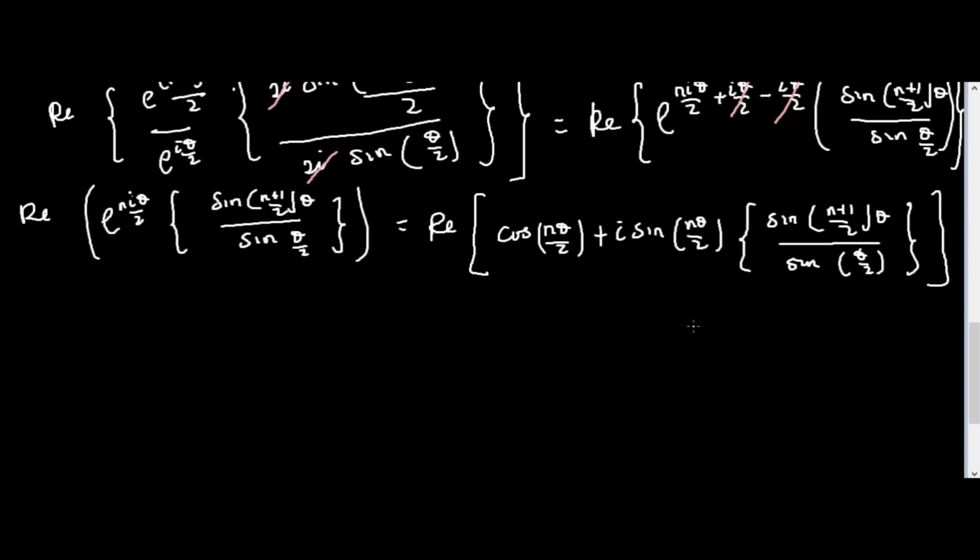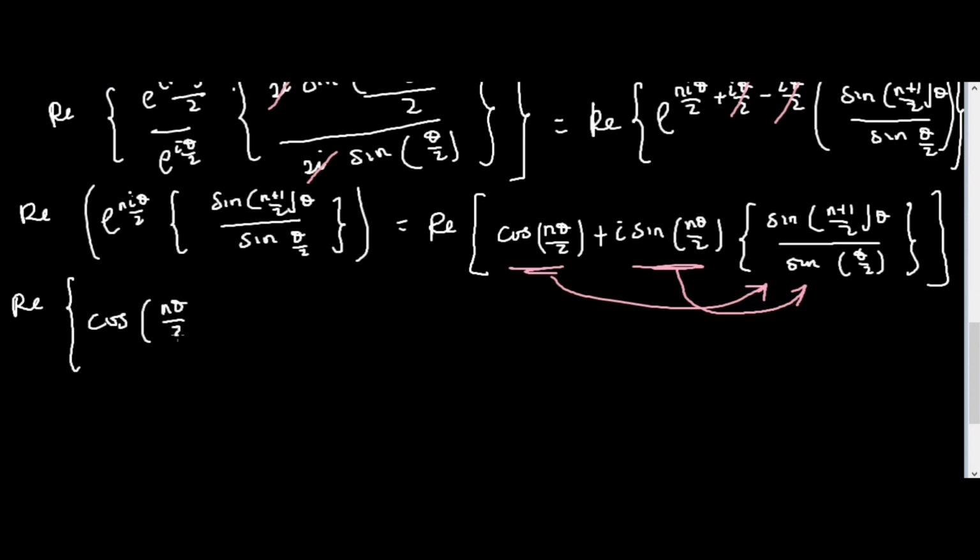I want to open the brackets so I can now focus on my real part. Let me open the bracket. That means this guy here times the whole of this bracket, then this guy times the whole of this bracket again. So I'm going to have cos n theta over 2, times sine of (n plus 1) over 2 theta, all over sine of theta over 2.